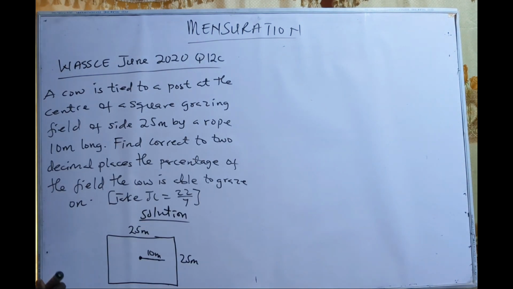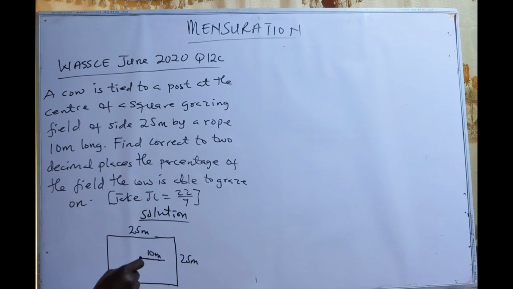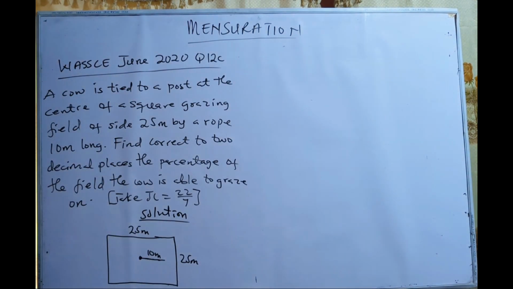Because it's a rope, the distance from the cow to any place in the square field cannot be beyond 10 meters. The cow can only go any place less than or equal to 10.